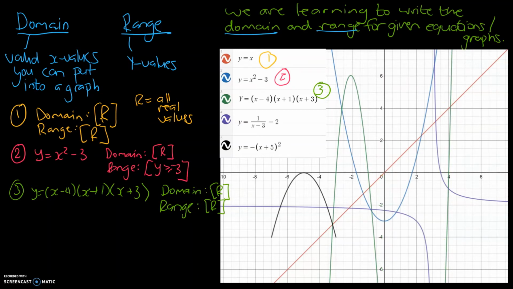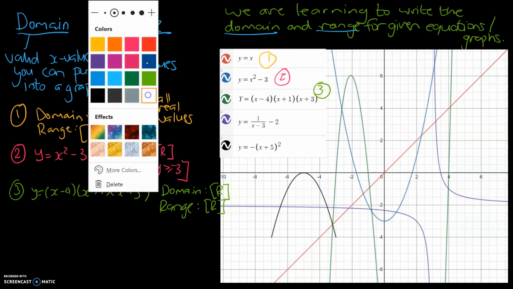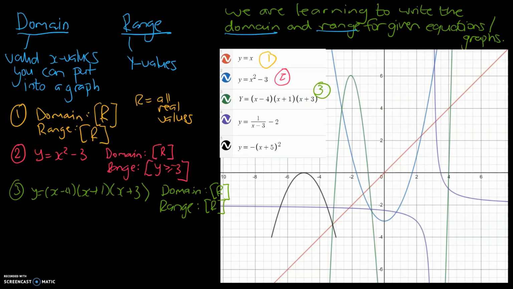The next question we want to look at, we will use the orange marker now, is the hyperbola. We've just learned about hyperbolas in the previous video, so that's number 4. Let's write down our equation: 1 divided by x minus 3, minus 2.